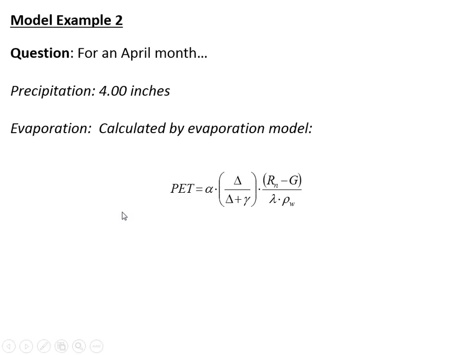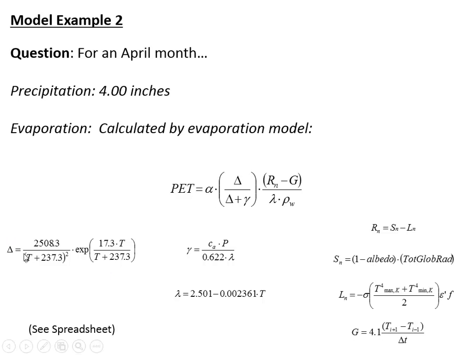First of all, the delta here is the slope of the temperature, relative humidity curve, and it's a function of temperature, so you put the temperature of the air into this calculation.